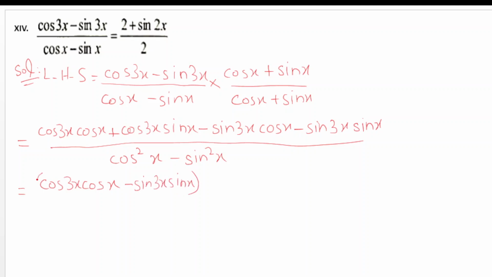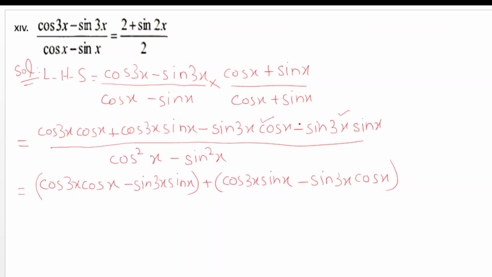So I hope you understand this. Now for the next, we will write here cos 3x sin x. In between there will be a positive sign, cos 3x sin x minus sin 3x cos x.